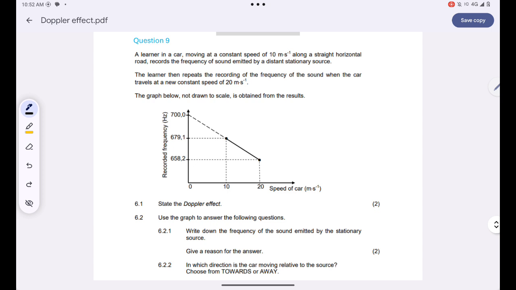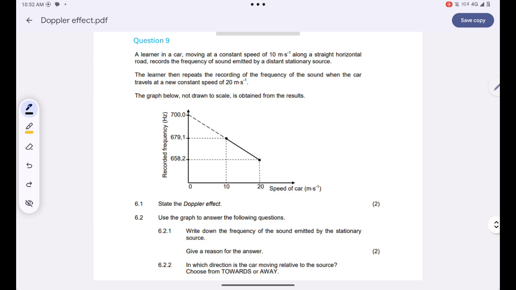Question 9. We are told that a learner in a car which is moving at a constant speed of 10 meters per second along a straight horizontal road records the frequency of the sound emitted by a stationary source.